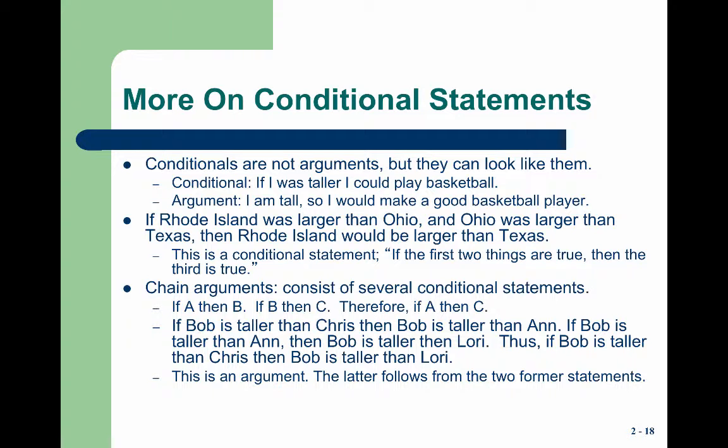That's C. So now you're coming to the conclusion based on those two things. Thus, if Bob is taller than Chris, which is A, then Bob is taller than Lori, which is C. This is an argument because you're using the first two conditional statements as premises to come to the conclusion in the final statement.